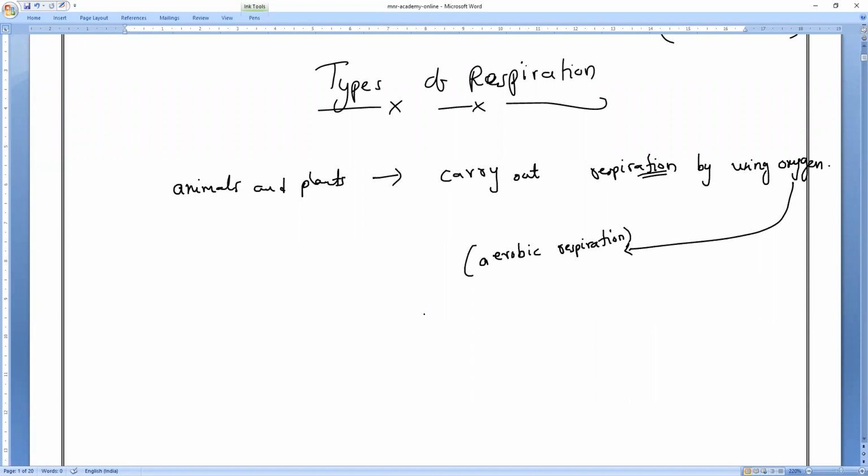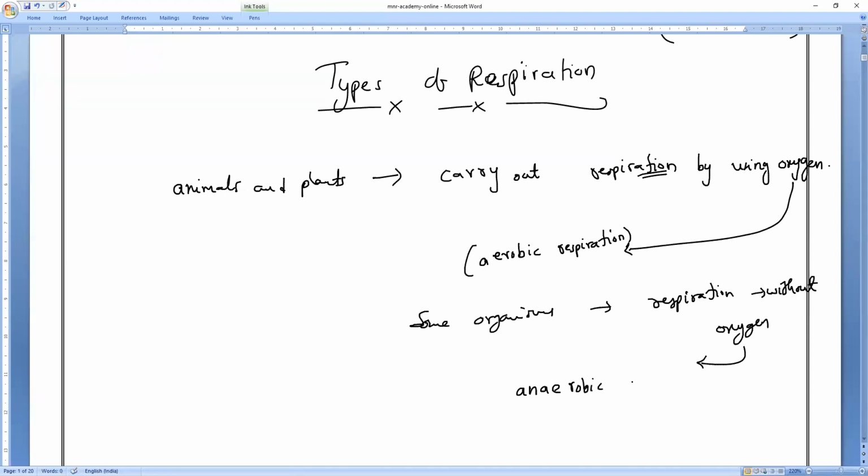That we call anaerobic respiration. Of course, even humans, in most cases, carry out aerobic respiration, but in certain cases we carry out anaerobic respiration. We'll discuss what those cases are and what the products are.